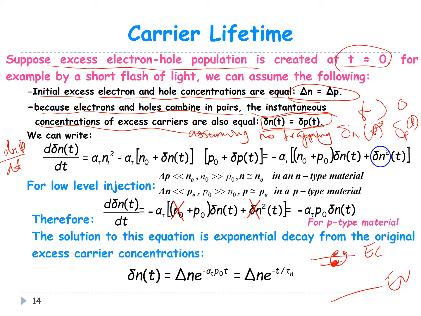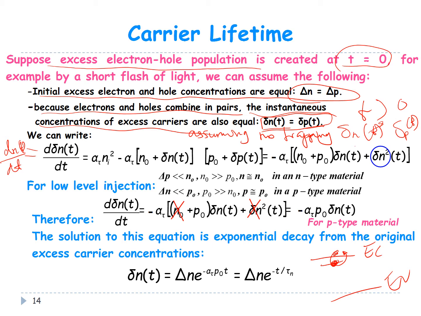Now, if you consider the conduction band electron concentration, the decrease in the net change in the conduction band electron concentration, you will find that the net rate of the change of the conduction band electron concentration is equal to the rate of the change of excess electron concentration, because it is the excess carriers that actually decrease in concentration, and that corresponds to a total decrease in the electron concentration.